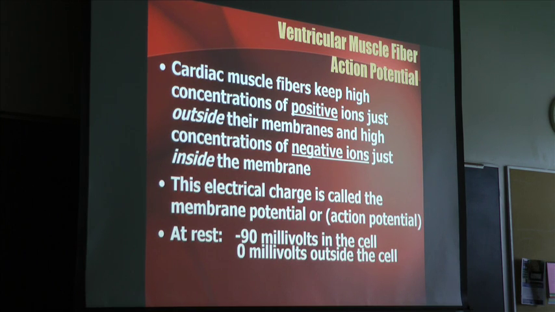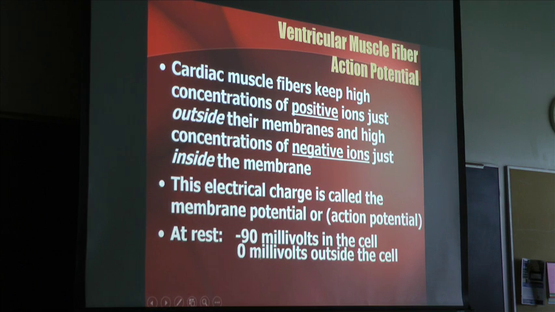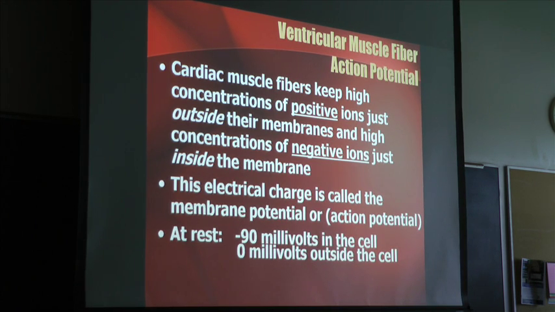It's just an electrical charge that can change. So when the cell is resting, if you could get a little voltmeter and stick it inside of the cell, you would measure a negative charge inside the cell of minus 90 millivolts, and then 0 on the outside. I guess 0 is considered more positive than minus 90.